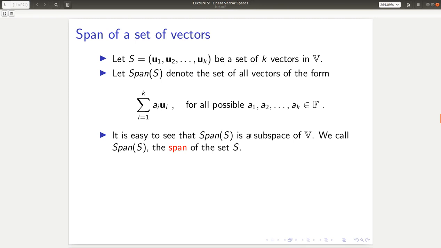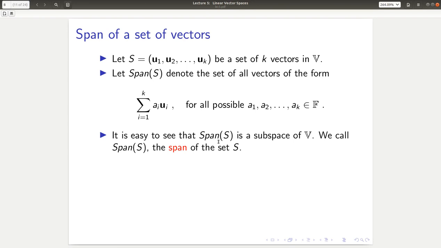So these ai's, a1, a2 to ak, are scalars, they belong to F. Okay, so it's obvious by construction that we are obtaining in some sense the closure. So all elements which you can construct using these k vectors are elements of span S, and more or less closure is obvious.